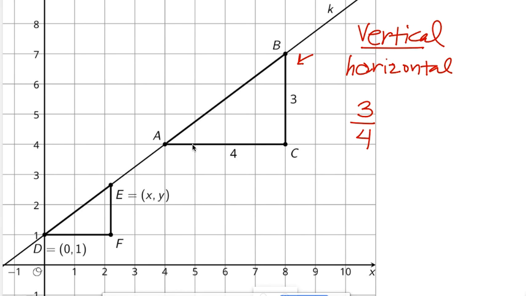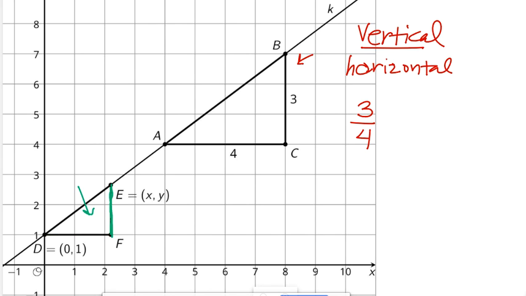Now our second triangle, DEF, is where it gets a little tricky. I can't tell exactly how high this side is. I can't tell exactly how long the horizontal side is.